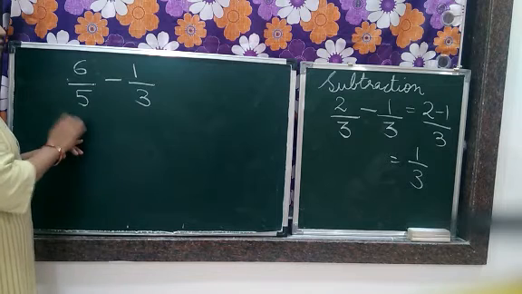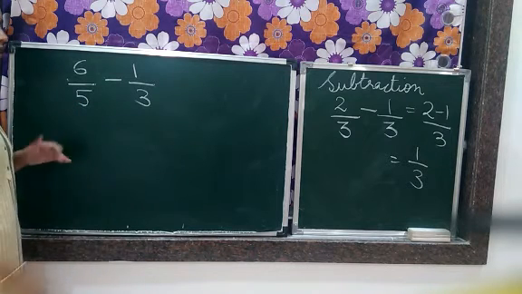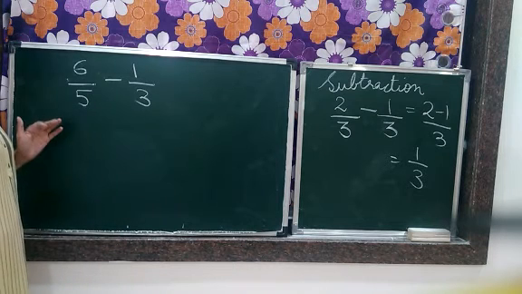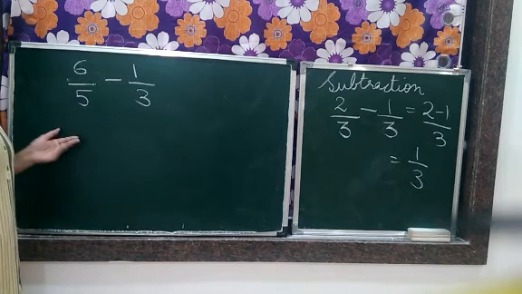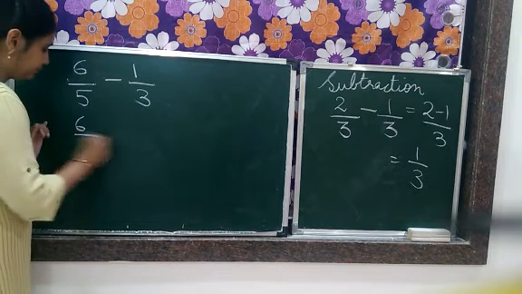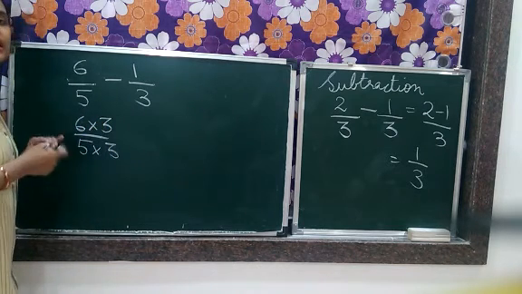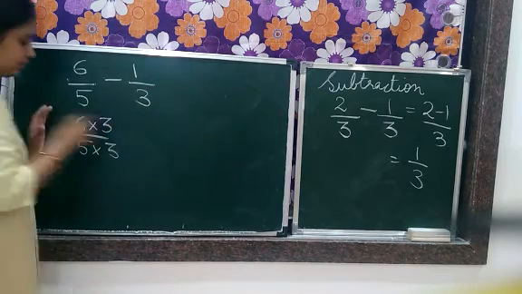That means the first denominator gets multiplied to the second fraction, and the denominator of the second rational number gets multiplied to the numerator and denominator of the first rational number. Let's do it. In simple language, 5 multiplies that side, 3 multiplies that side.